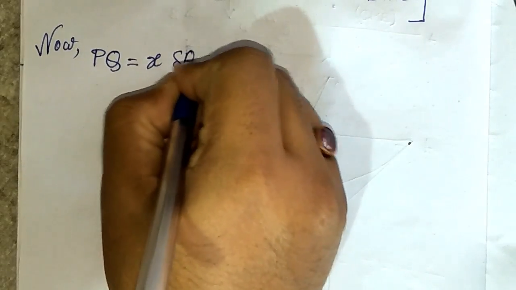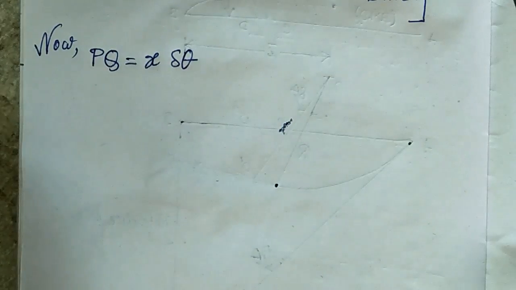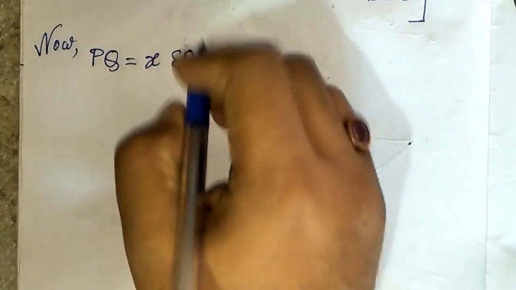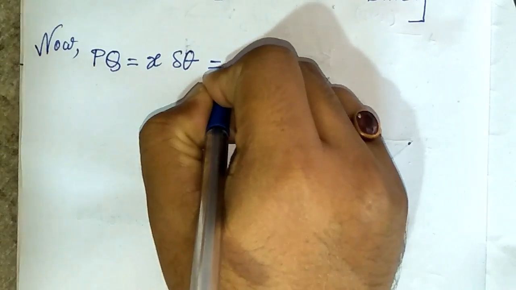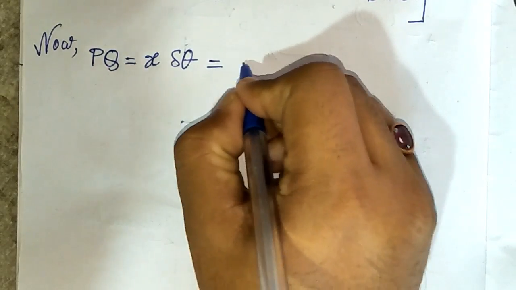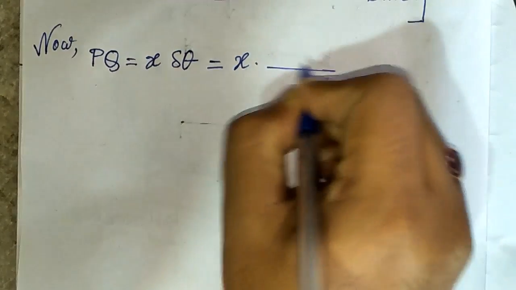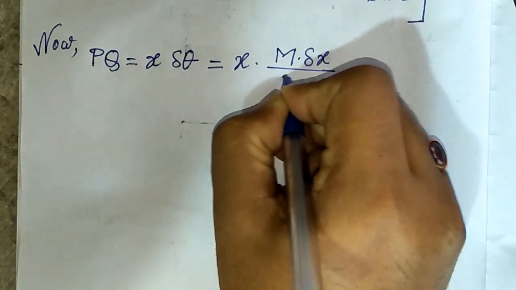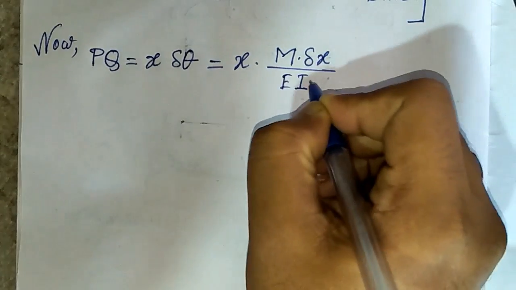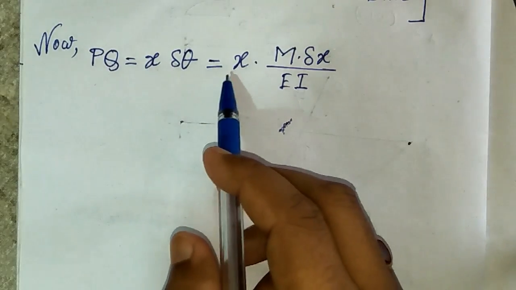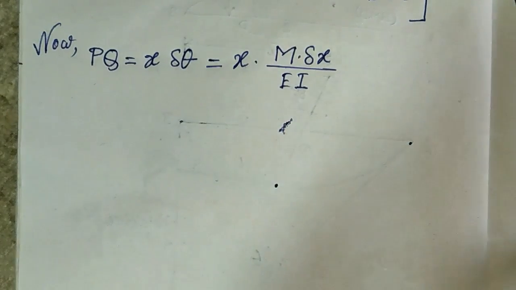The value of del theta we already know is M into del x by EI, and this is multiplied by x. This one is the value of x.